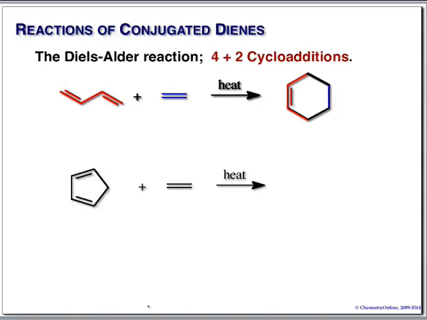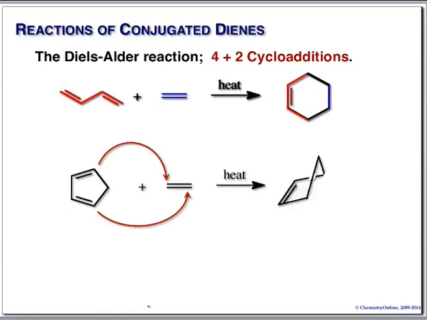So this carbon's going to react here. This one's going to react here. When we do this, we're going to form a 6-membered ring. But remember that the 2 carbons here of our diene are linked together by a CH2. So they're still there, and they're still linked together.